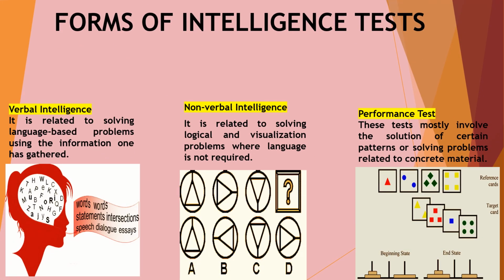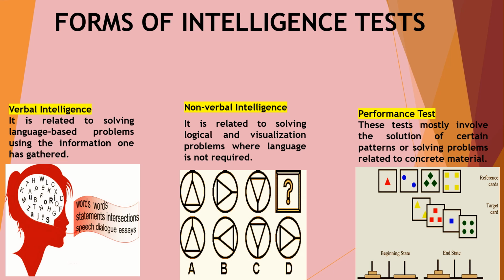Forms of intelligence test. First one, verbal intelligence. It is related to solving language-based problems using the information one has gathered. The verbal intelligence test includes, first, vocabulary. It includes questions that assess an individual's ability to define words or to use them in context.